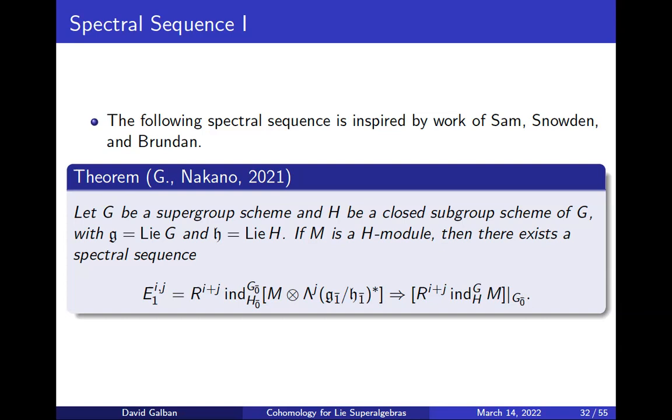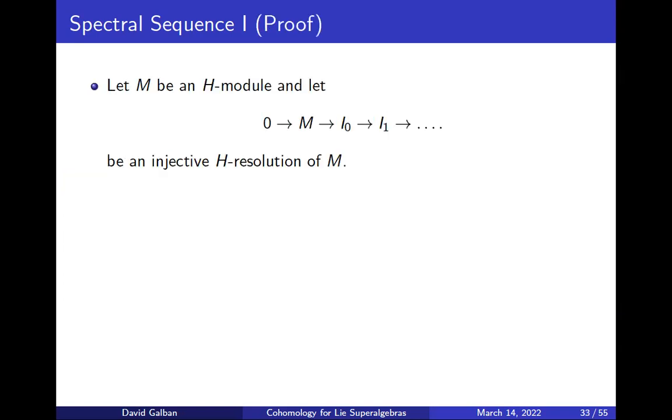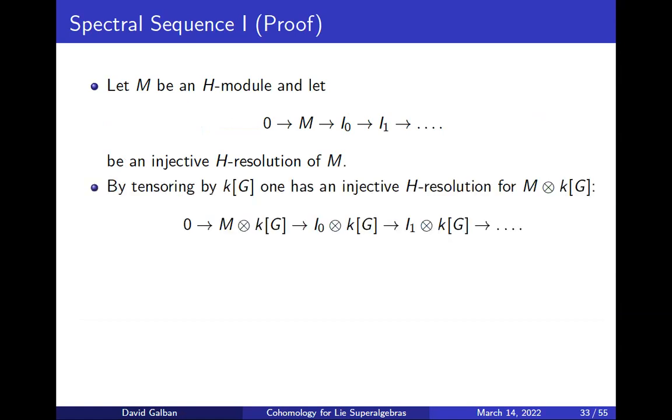And where this comes from is essentially just the spectral sequence construction emerging from a filtration. So what we're going to do is, if M is an H module, and we let this be an injective H resolution of M, right? Tensoring by KG, we obtain an injective H resolution for M tensor KG as well.